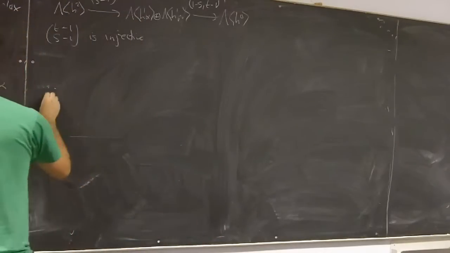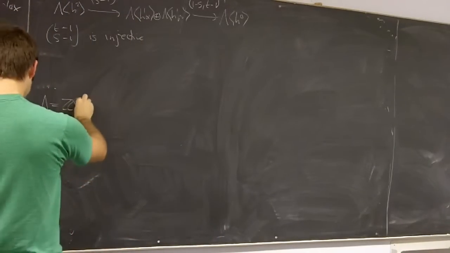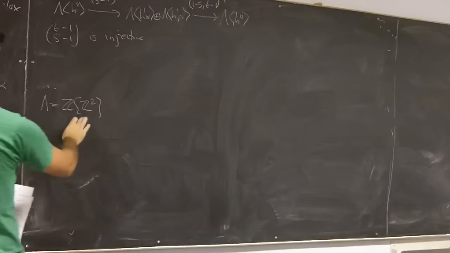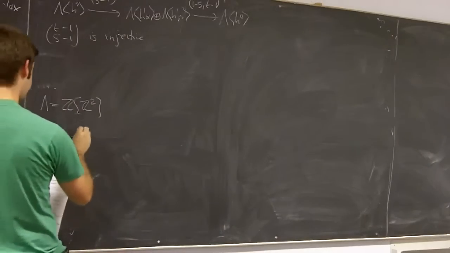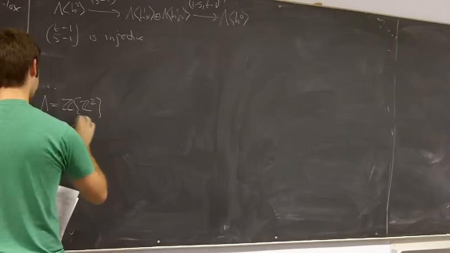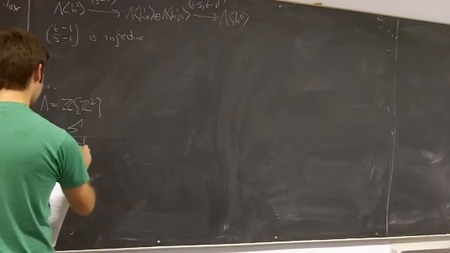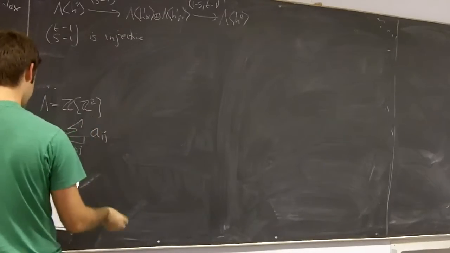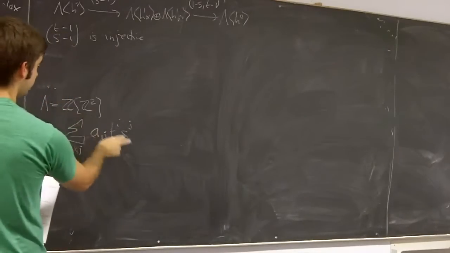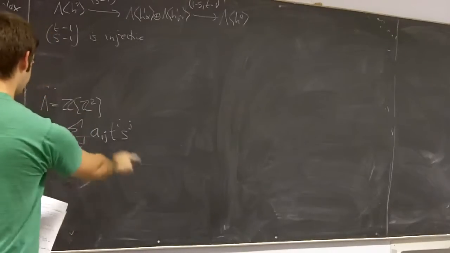Now, I should have said that the group ring lambda is Z of Z squared, and a general element in this group ring looks like some sum of coefficients a_ij t to the i, s to the j for the generators t and s for the fundamental group, and this is a finite sum.